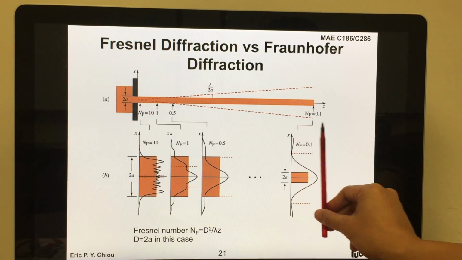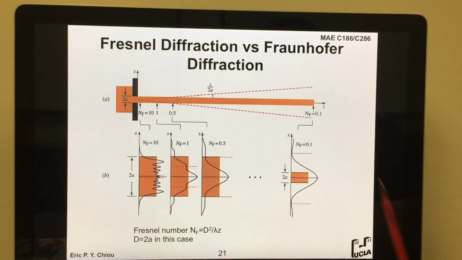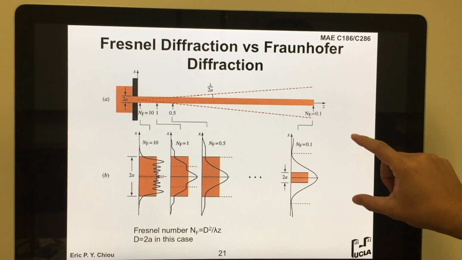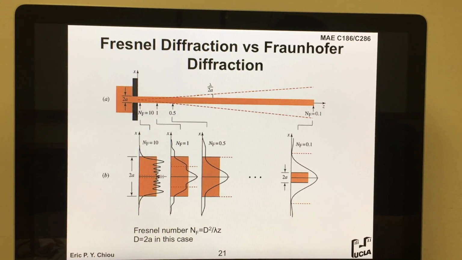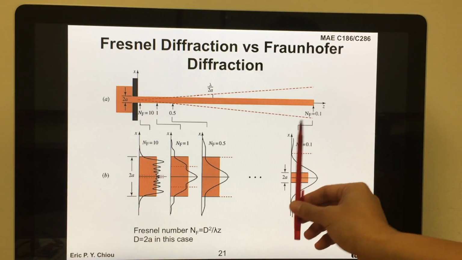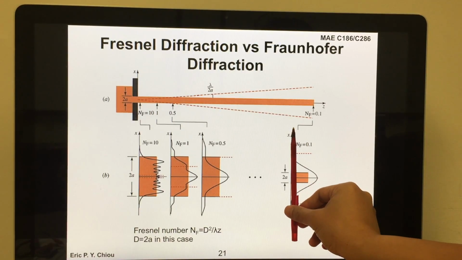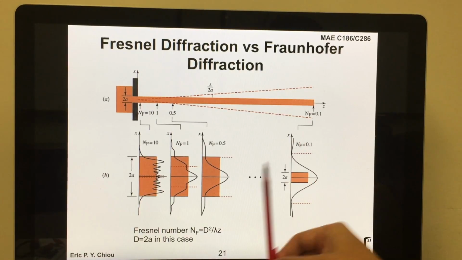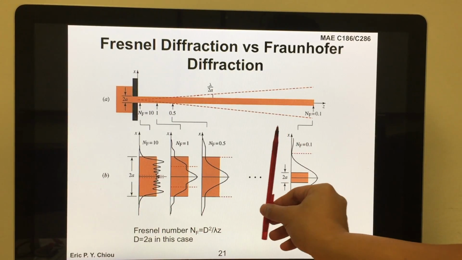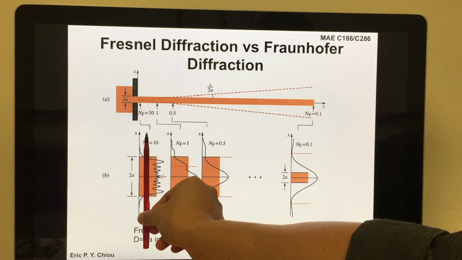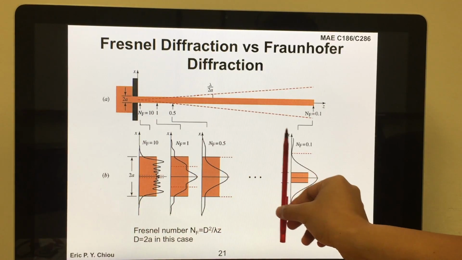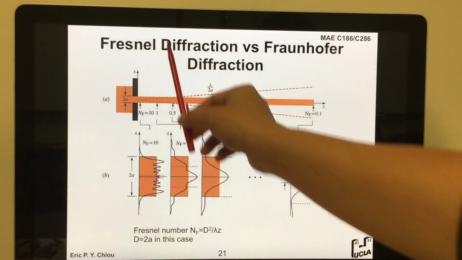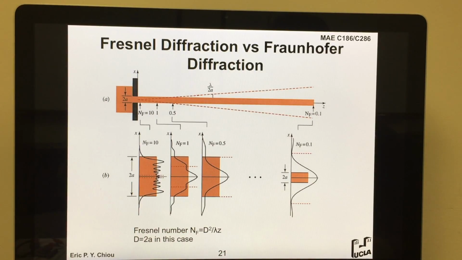When you keep going, the pattern remains the same, but the size of the pattern becomes larger and larger. So when you see this pattern start to fix, that means it has gone into the Fraunhofer diffraction regime. Anything before that, from right behind the aperture all the way up to that point, belongs to the Fresnel diffraction domain.